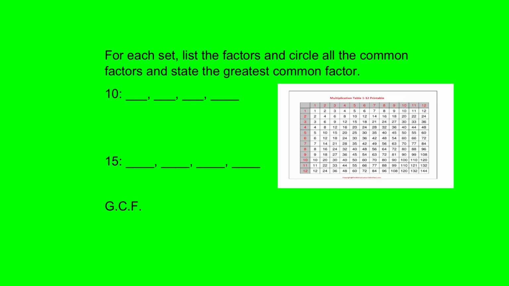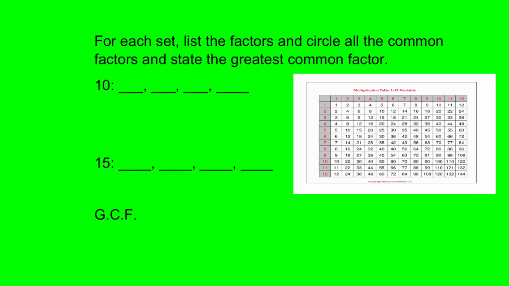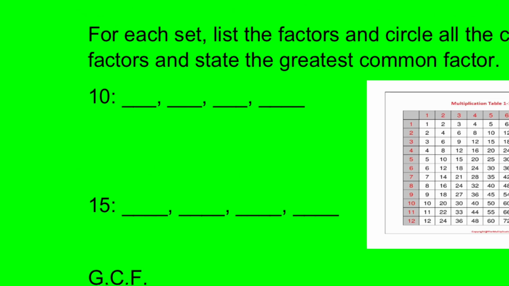So it says, for each set, list the factors and circle all the common factors and state the greatest common factor. So the first question we have the number 10 and the number 15. And so to state the factors of 10, we list all the numbers that multiply to 10. Well, I know always 1 times 10.